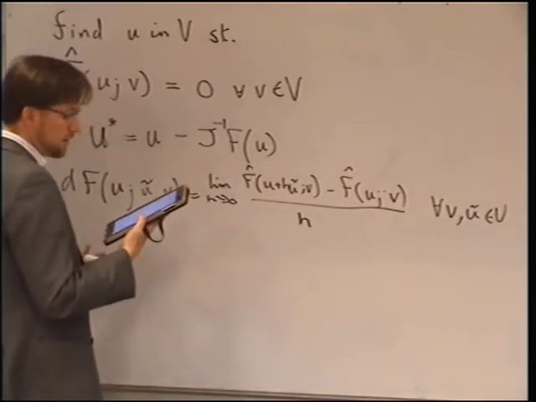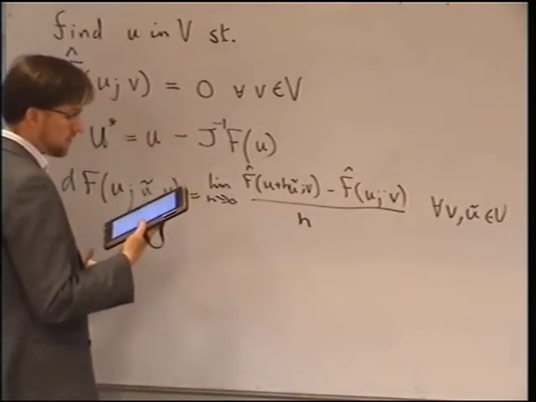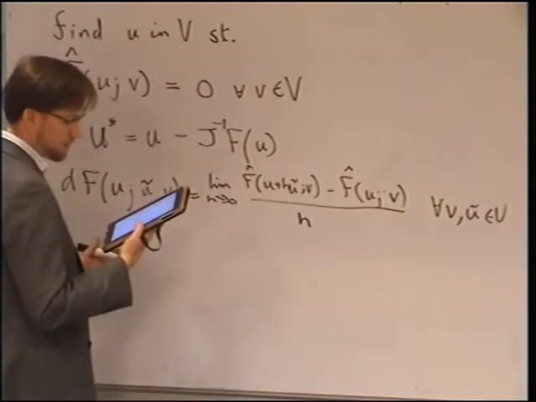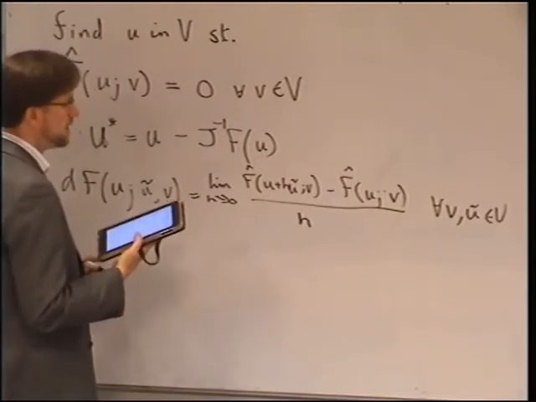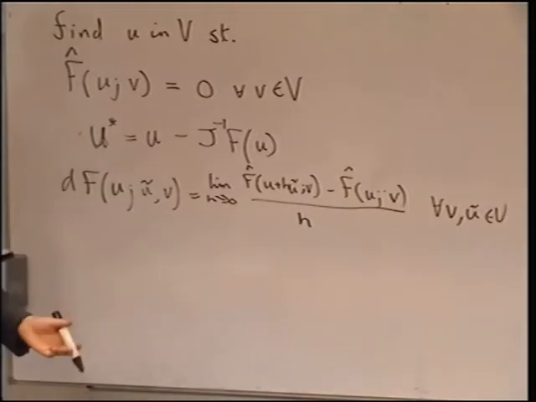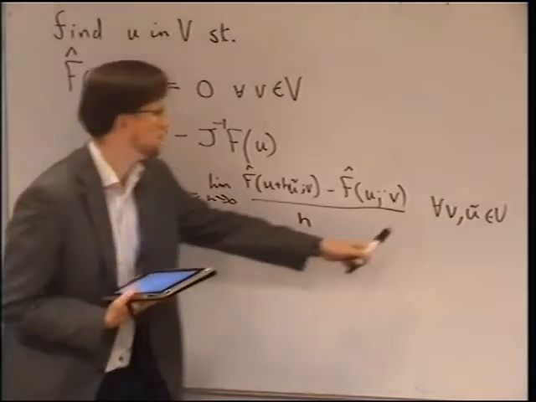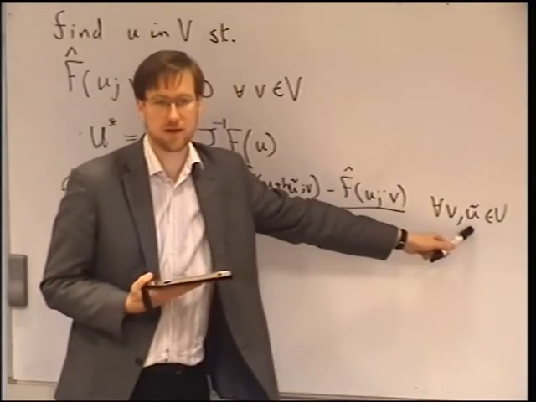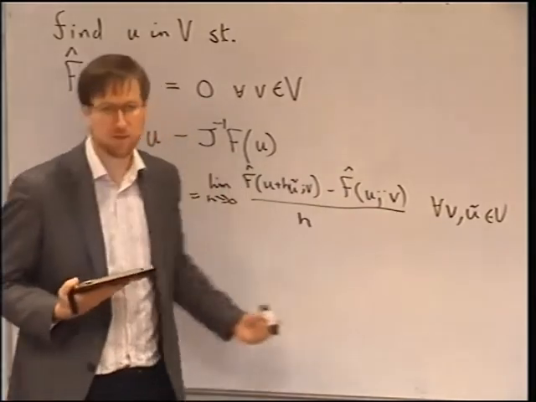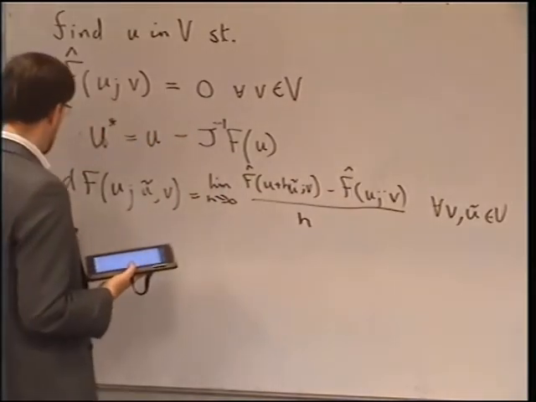This gives us a way of defining the Jacobian matrix, which is the system we're going to solve, right? The way we get the Jacobian matrix, the system we're going to solve, is by putting the basis functions into here, and that gives us a basis for the system we solve. This is what we've done in previous lectures.